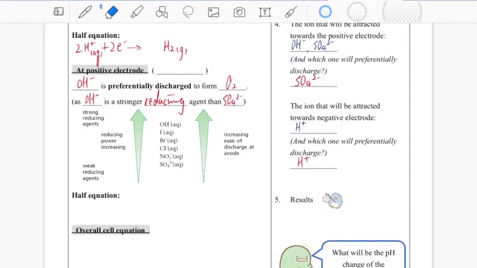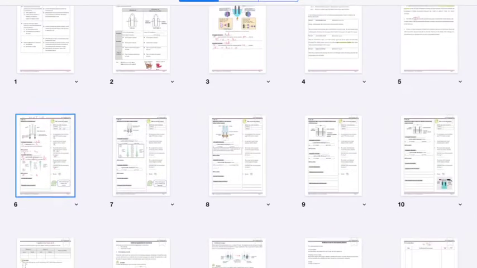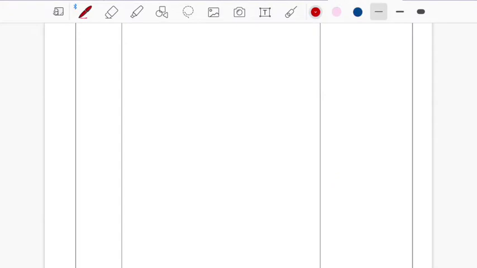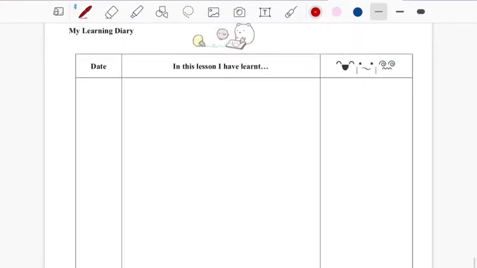And the half equation to represent the reaction at the positive electrode would be OH minus turns into O2. How to balance this equation is a bit trickier, so please turn to the learning diary and I will show you how to balance this equation.